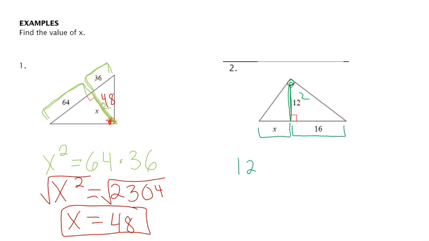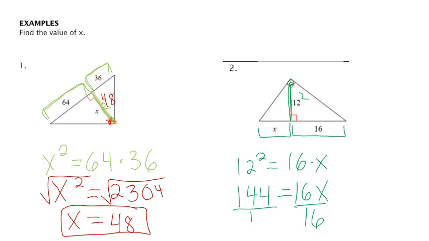So 12 squared is going to be x times 16, or 16 times x. I'm going to get 144 equals 16 times x. And then we don't have to square root because there's no x squared in the problem. It's just a linear equation. I'm going to divide by 16. And then we're going to get our length to be 9. So this segment is a length of 9.